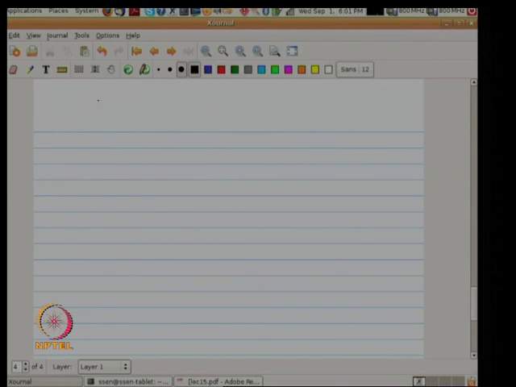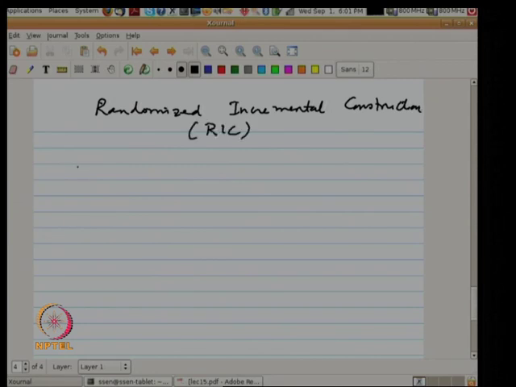So we call this procedure randomized incremental construction, or RIC for short.